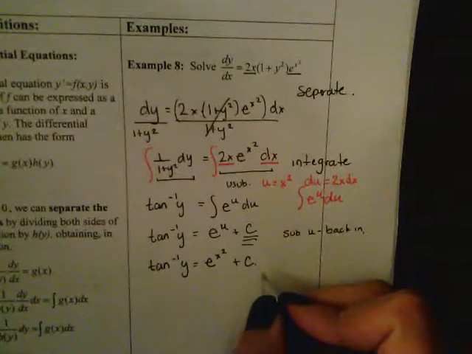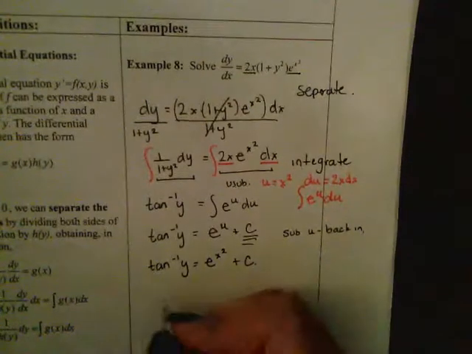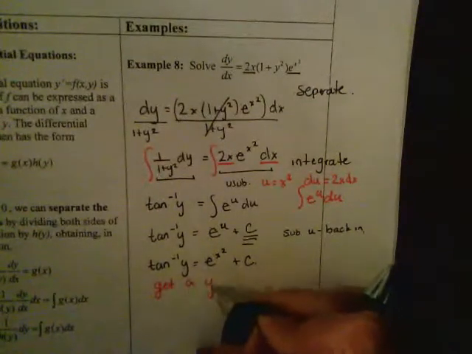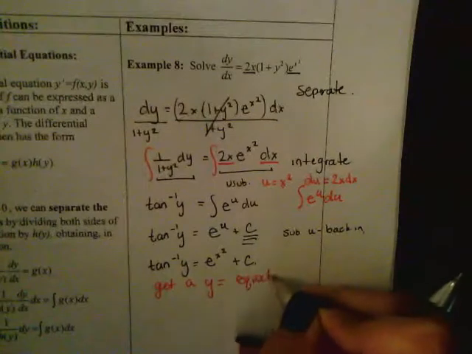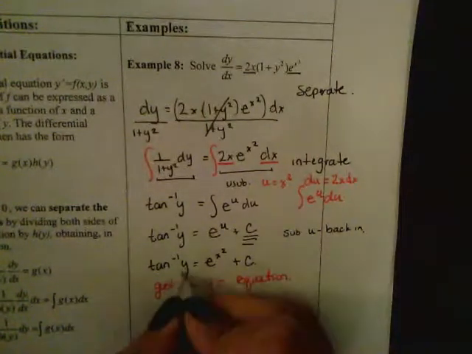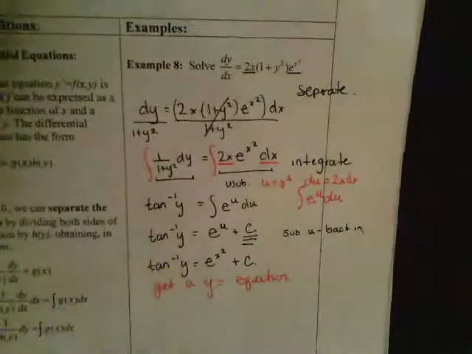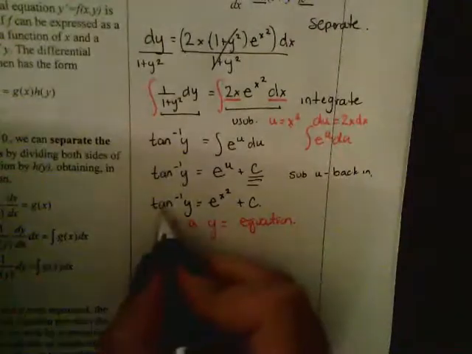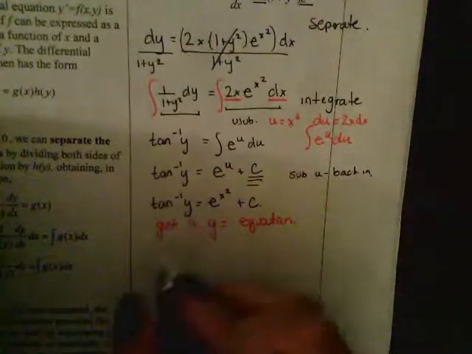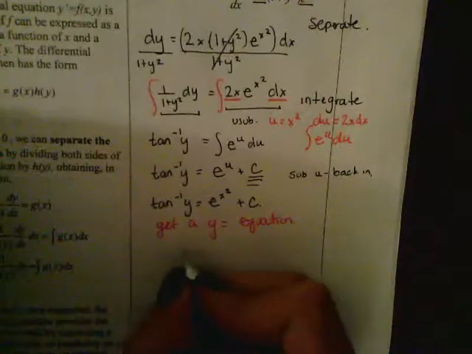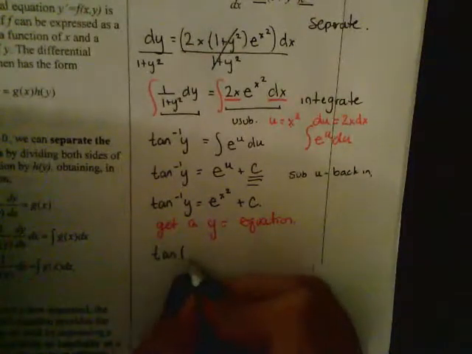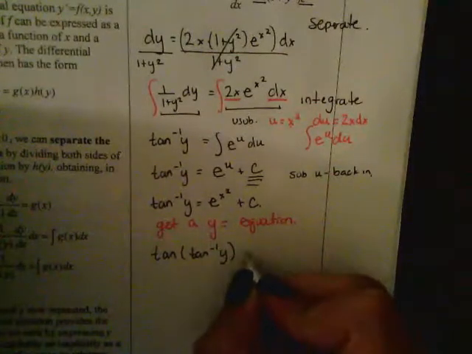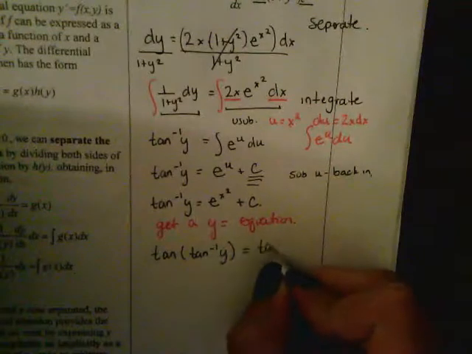Next step, get a y equals equation. So now what we want to do is get a y equals equation. But how do we get this y by itself? Remember, this is inverse tangent. So if I take the tangent of an inverse tangent, and of course what I do to one side, I have to do to the other side.